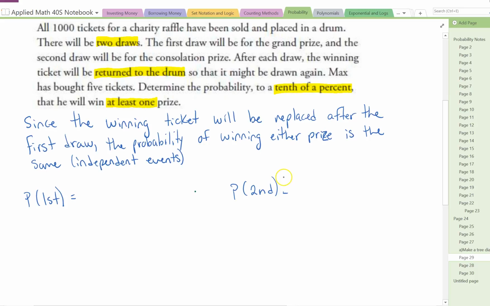So for the first prize, he bought 5 tickets out of a total of 1,000 tickets that were sold. So that would be 5 out of 1,000. That's the probability of winning the first prize. And because all of those tickets were put back in, he still has a 5 out of 1,000 chance of winning the second prize.